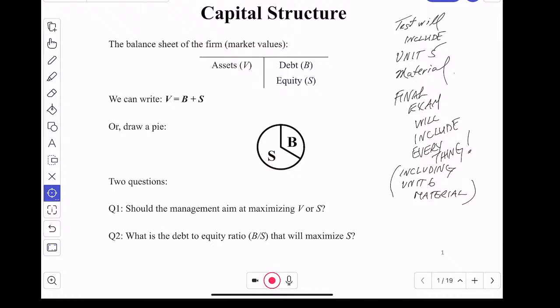So should the management of a firm aim at maximizing the value or at maximizing shareholder equity? And second, well, the answer is going to be that they do care about the value of the firm. So if that's the case, then the second question is, what is the best or optimal debt to equity ratio that will maximize the value of the firm and in turn the value of equity?